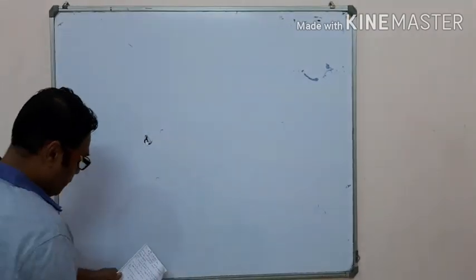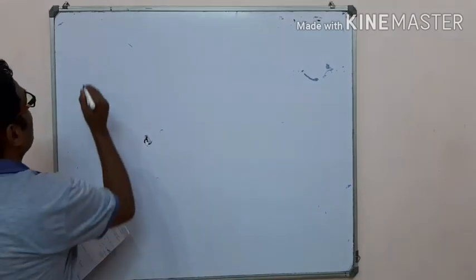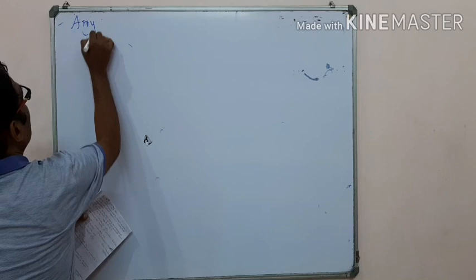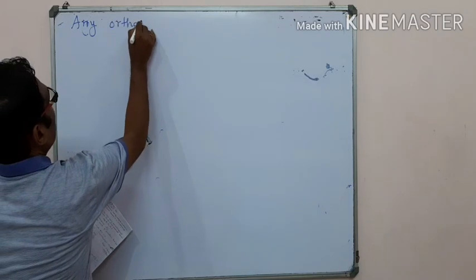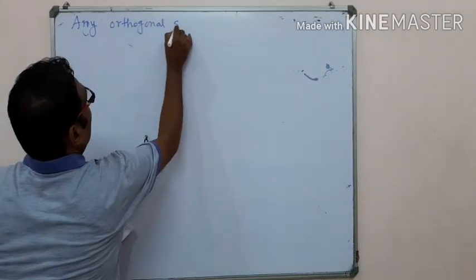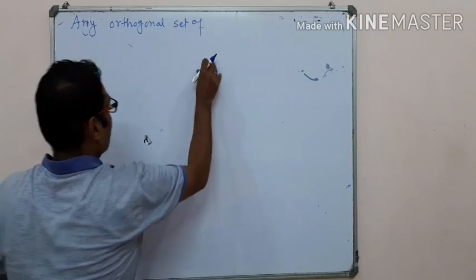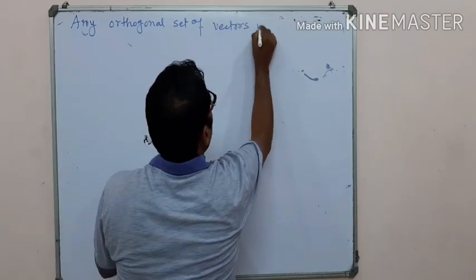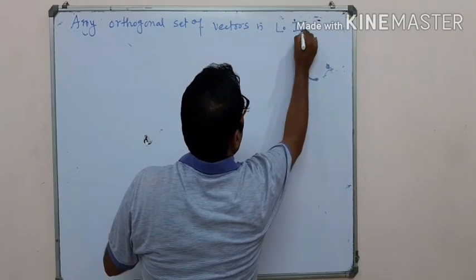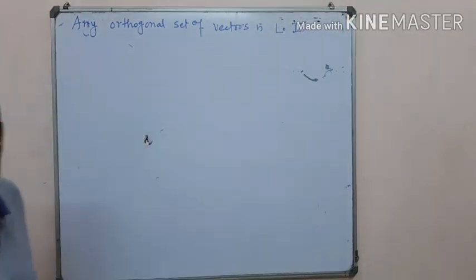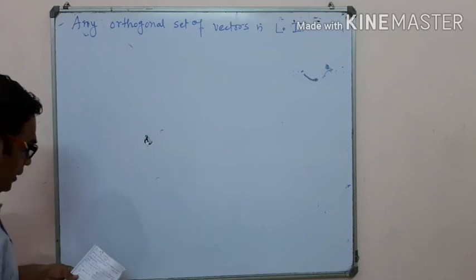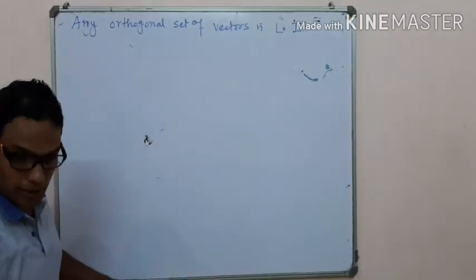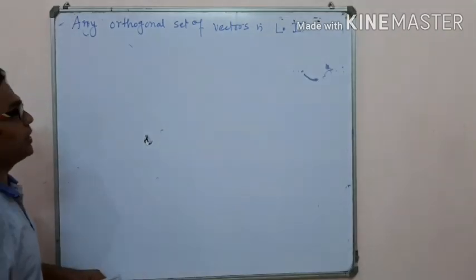The theorem is: any orthogonal set of vectors is linearly independent. So S is an orthogonal set. We prove that it is linearly independent.